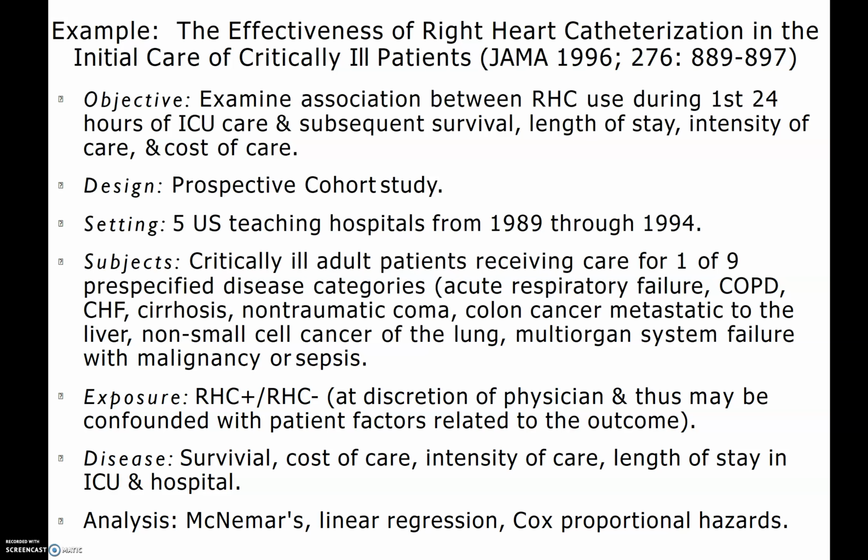It depends on what they mean by survival. I think just like mortality, actually, so that would be binary. Cost of care, you could probably use linear regression. Intensity of care, some categorical method, McNemar's. And then finally, for length of stay, you'd want to use a survival model like Cox proportional hazards.